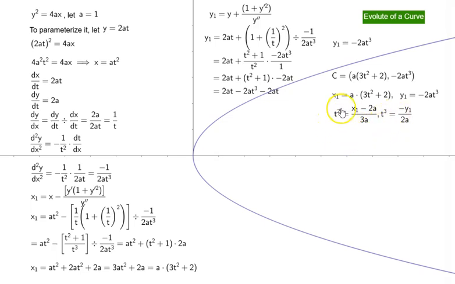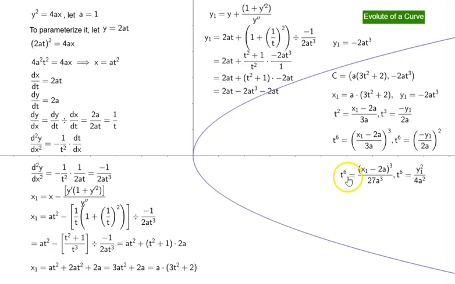To do that, we cube this and we square this, so that this becomes t to the power of 6 and this becomes t to the power of 6. So we get t to the power of 6 is equal to ((x1 minus 2a) by 3a) cube, and t to the power of 6 is equal to (minus y1 by 2a) square.